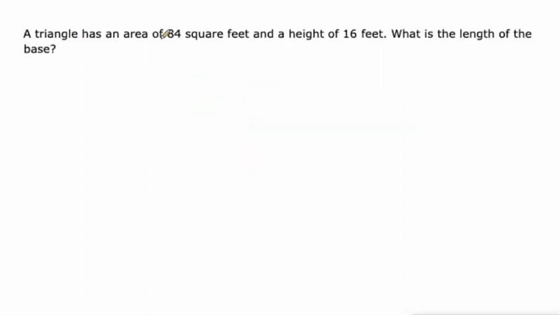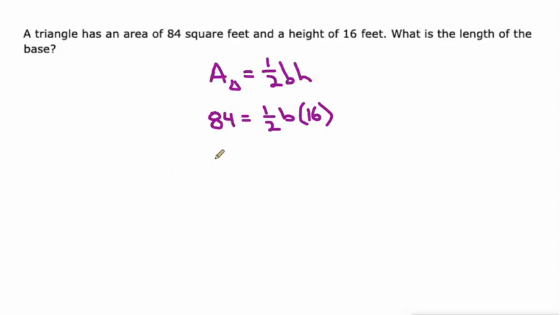Now we have a triangle. We're given that its area is 84 square feet, and we're given that its height is 16 feet. So what is the length of its base? Okay, remember, area of a triangle is 1/2 the base times the height. So we have an area of 84. The base we don't know, and the height is 16. All right, well, let's simplify that right side a little bit.